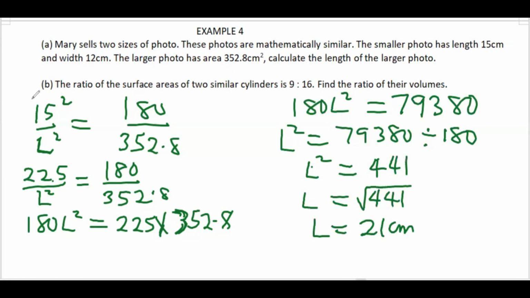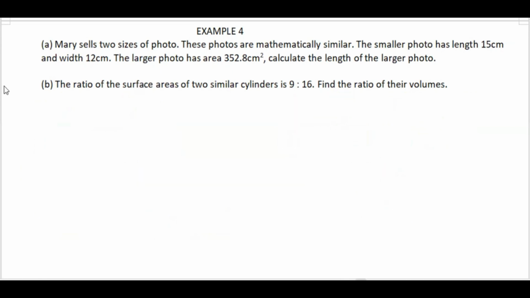So let's quickly look at what B demands. In B, we have the ratio of the surface areas of two similar cylinders given as 9:16. We are not given height, we are not given radius, so there's no way you can equate the value of the area.